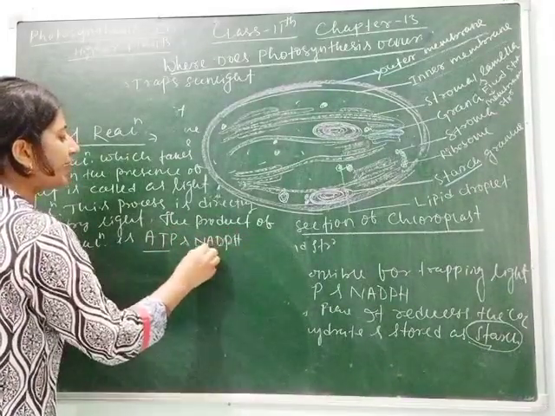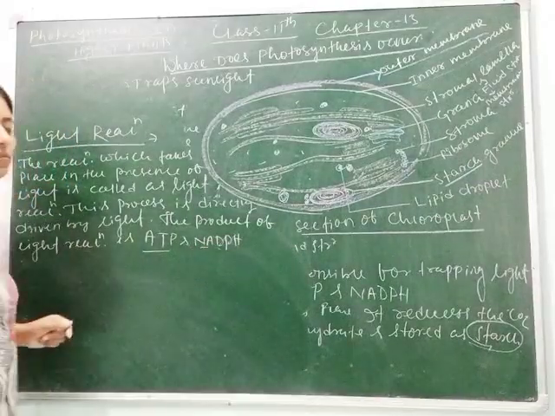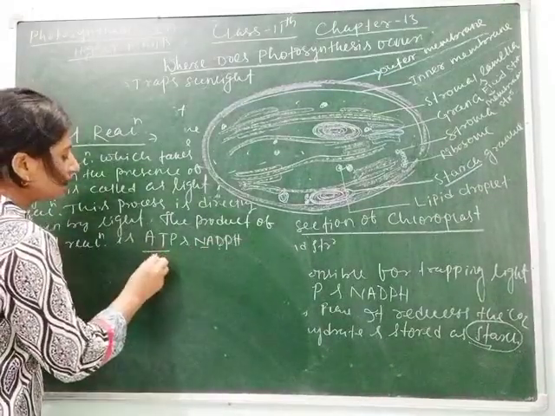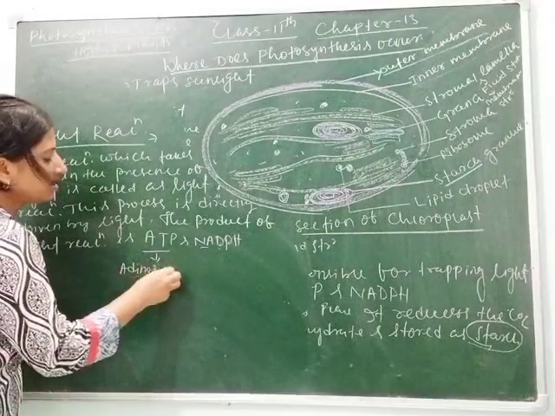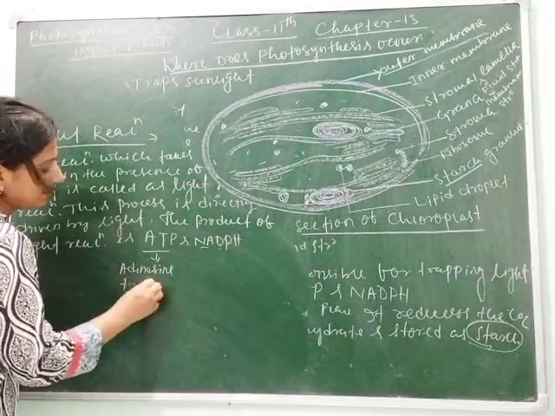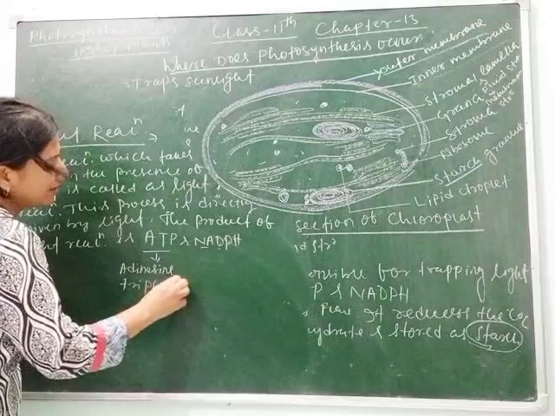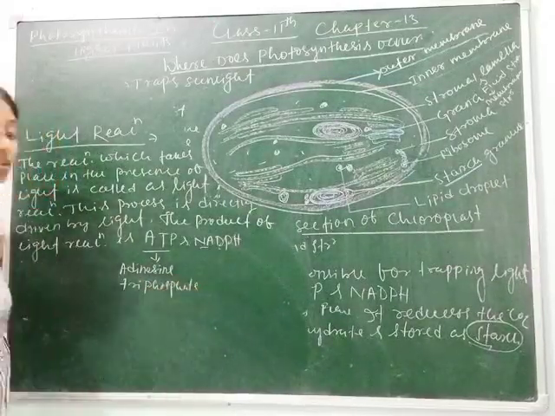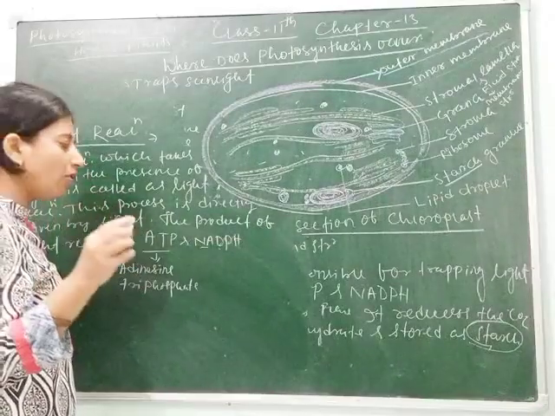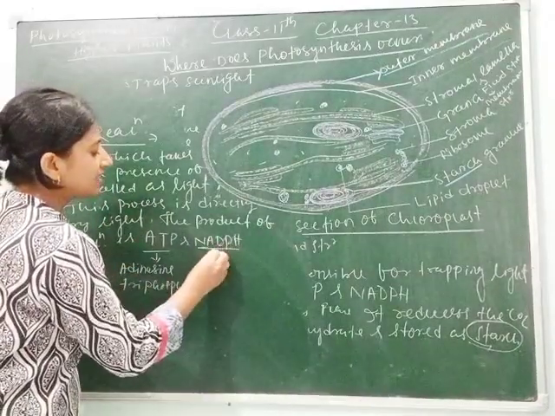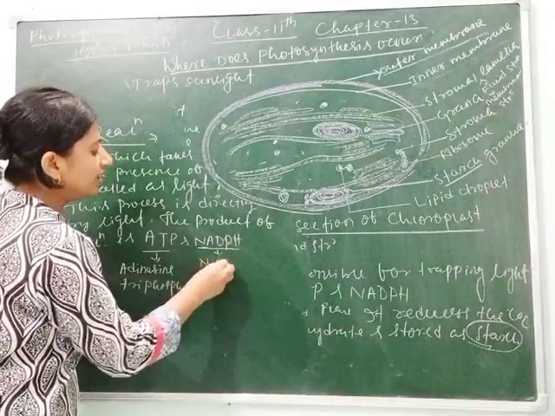NADPH means nicotinamide adenine dinucleotide phosphate hydrogen. This is adenosine triphosphate, known as the energy currency of the cell, and this is required by plants or animals for all types of activities.